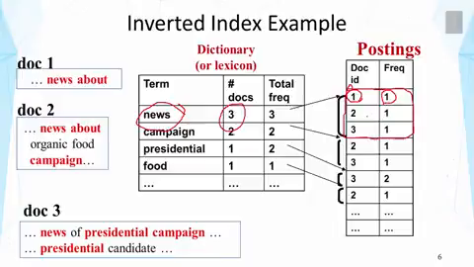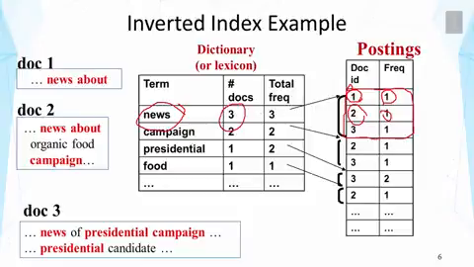The TF is 1 for news. In the second document, it's also 1, etc. So from this list, we can get all the documents that match the term news, and we can also know the frequency of news in these documents. So if the query has just one word, news, we can easily look up this table to find the entry and go quickly to the postings to fetch all the documents that match news.